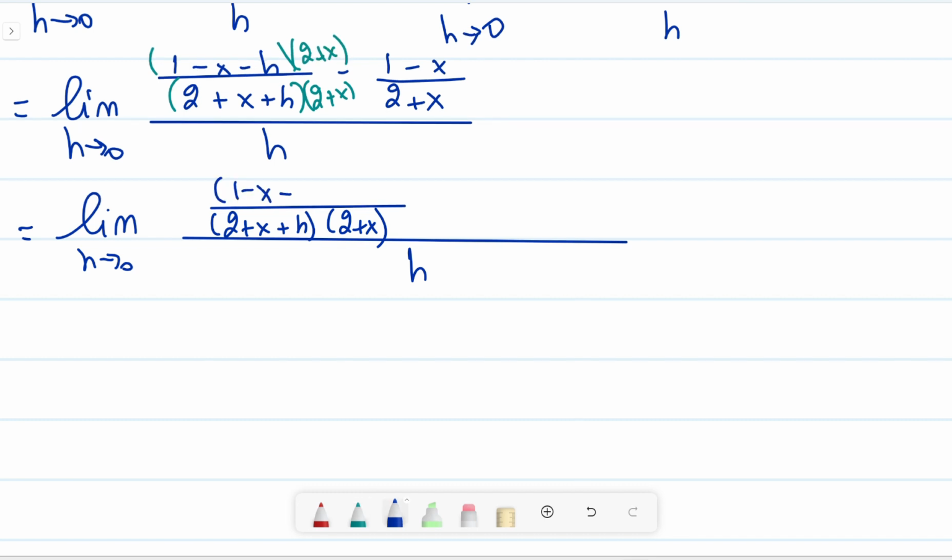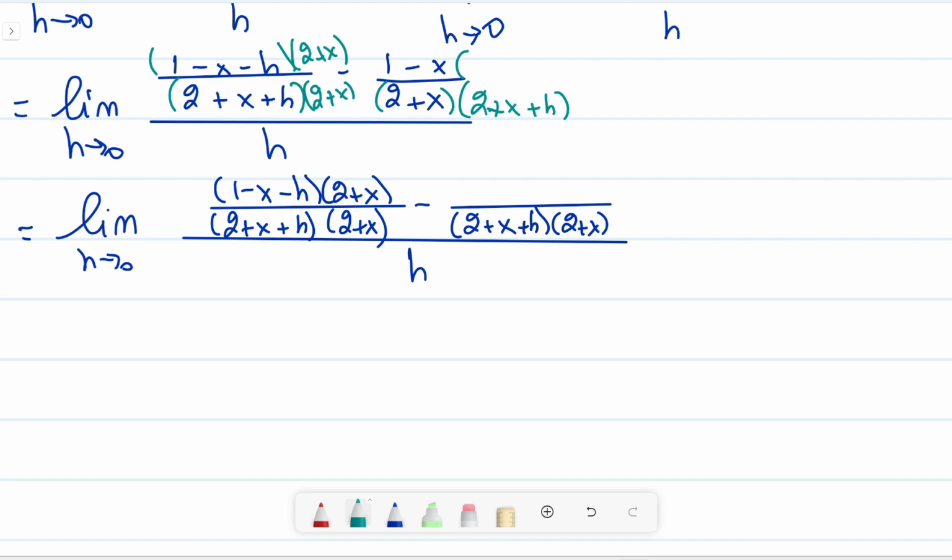So I get 1 minus x minus h times 2 plus x minus, again, the same denominator, 2 plus x plus h times 2 plus x. And since I multiplied the denominator of the second fraction by 2 plus x plus h, I also have to multiply the numerator by 2 plus x plus h.